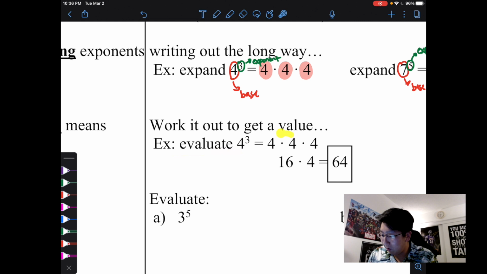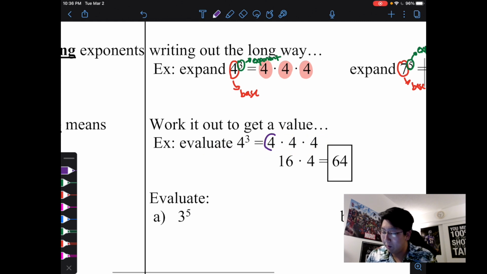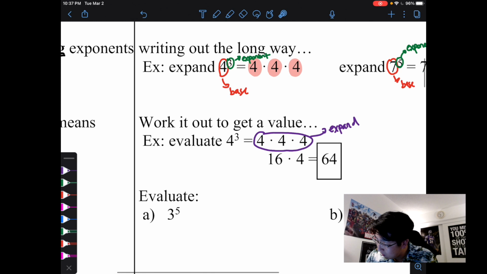So if we say evaluate 4 to the 3rd power, first thing I'm going to do is expand it. So you're going to see that I expanded it here. I'm just going to write down so you know I expanded. I wrote it out, right? And I took my base 4, and then multiplied it by itself 3 times.